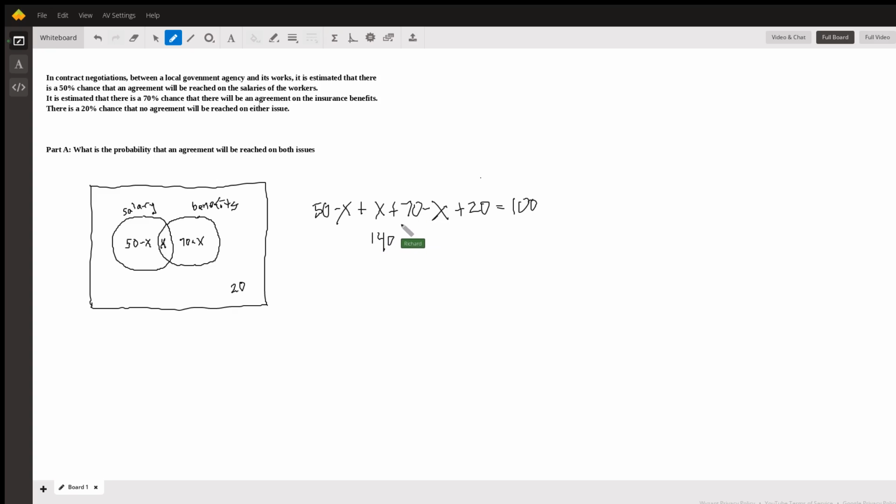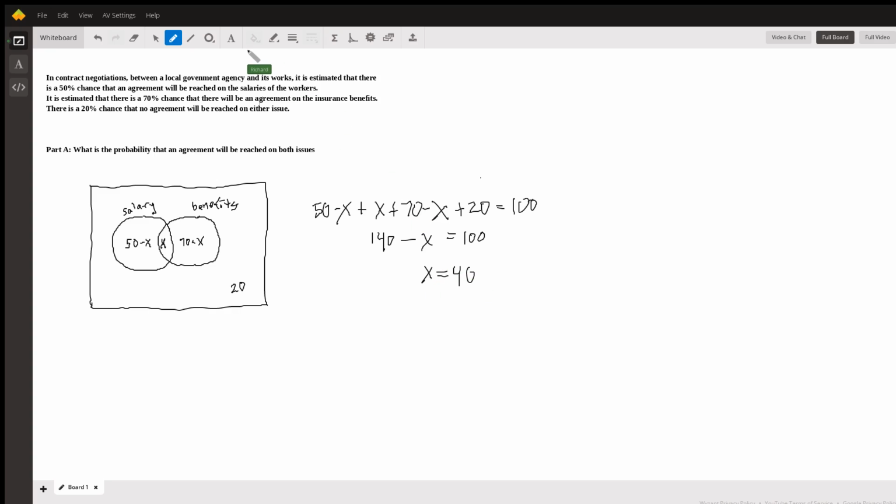So we have 140, and then these two X's cancel. So we're left with negative X plus 140 equals 100. So X is 40 here.